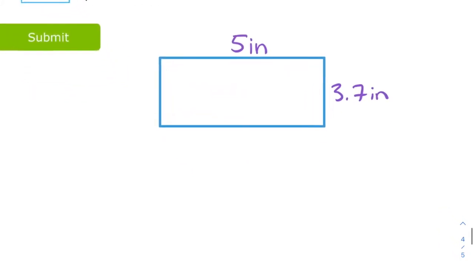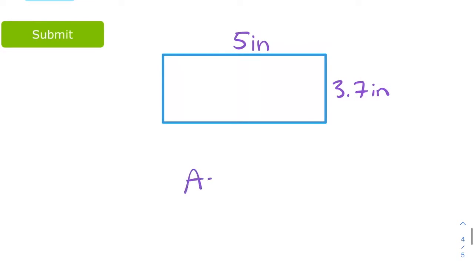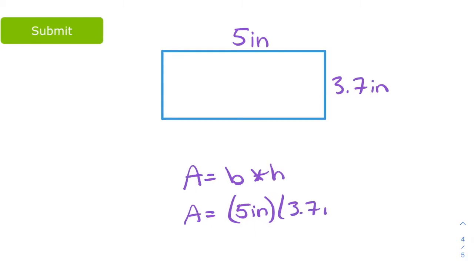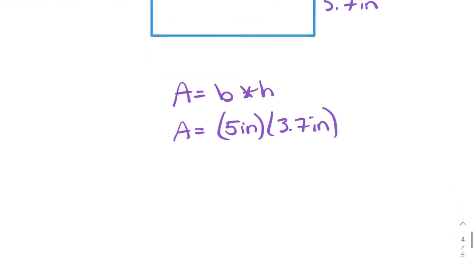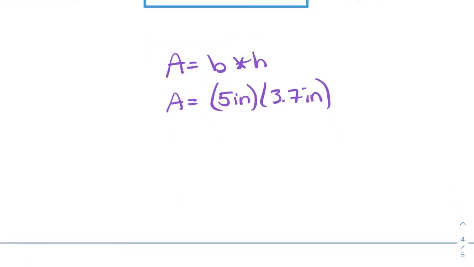So what is the area? So the area is going to be base times height. So area is going to be 5 inches times 3.7 inches. On my calculator, 15, 16, 17, 18.5, I think is the answer, but hold on one sec.